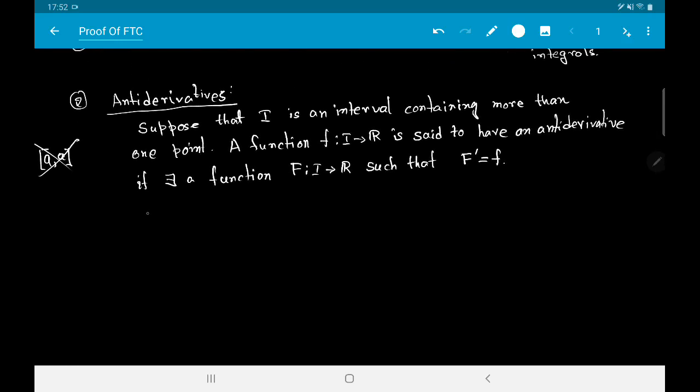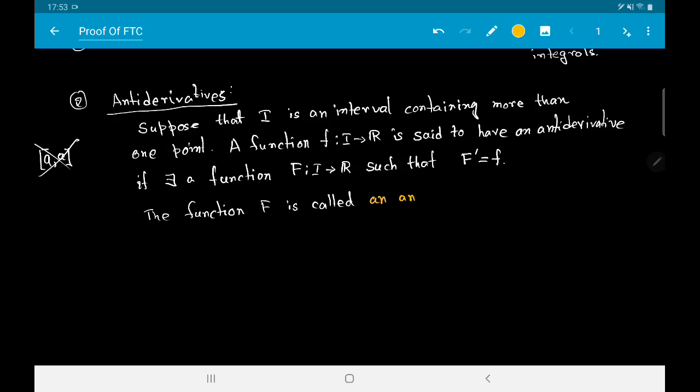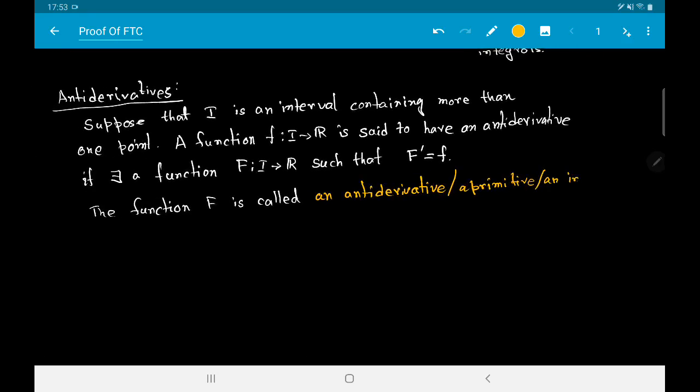So in such a case the function F is called an antiderivative or a primitive or an indefinite integral of the function f that we had started with.